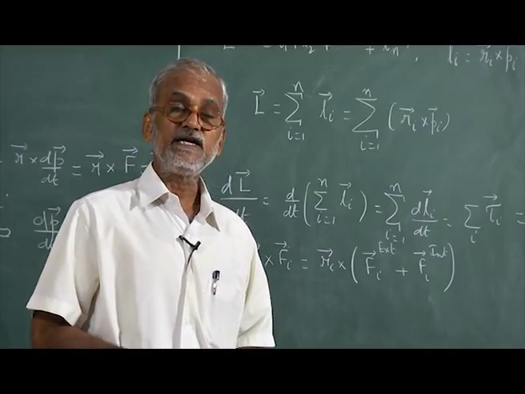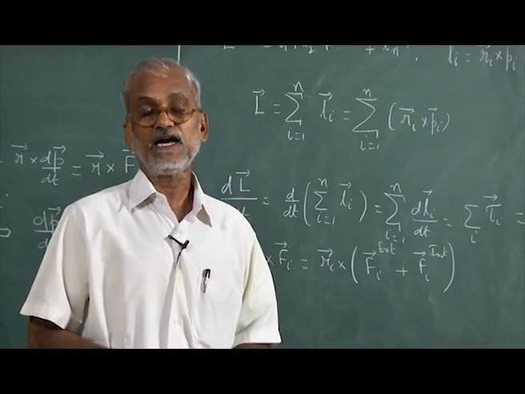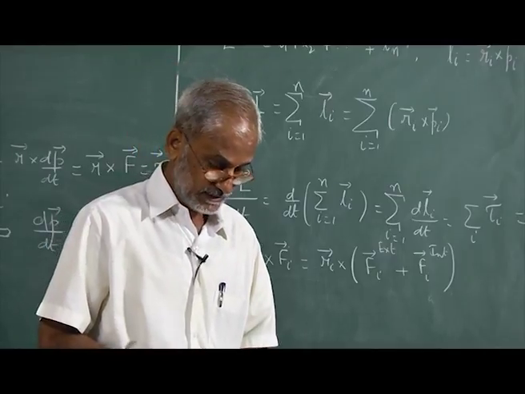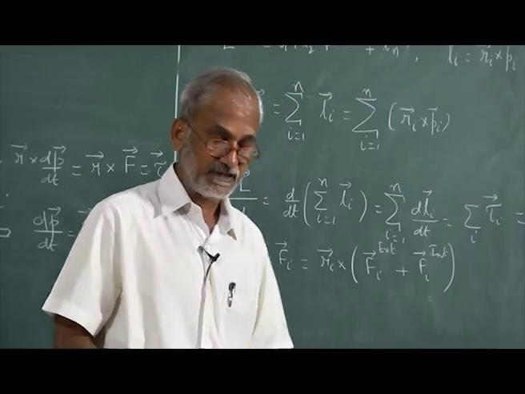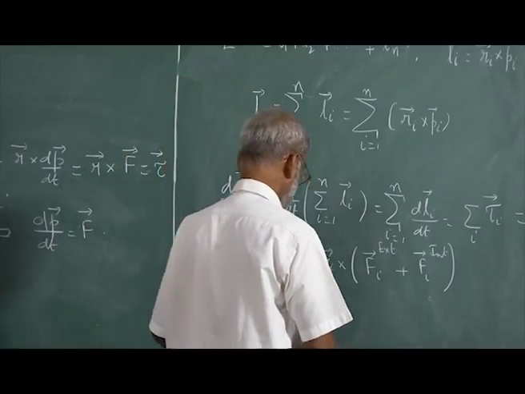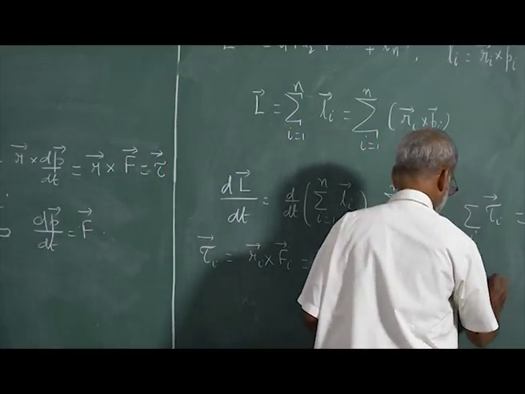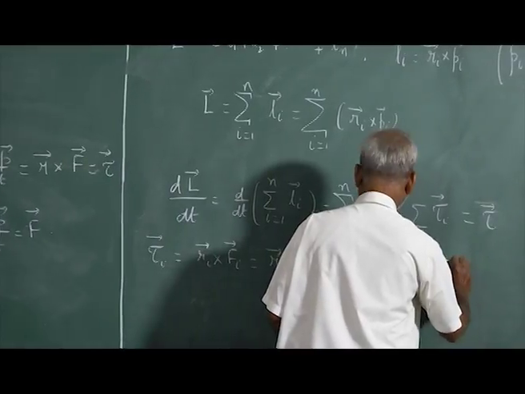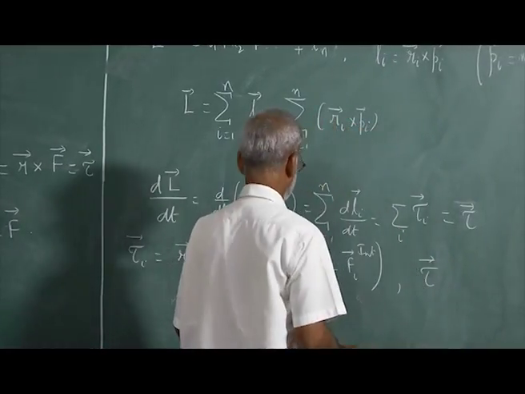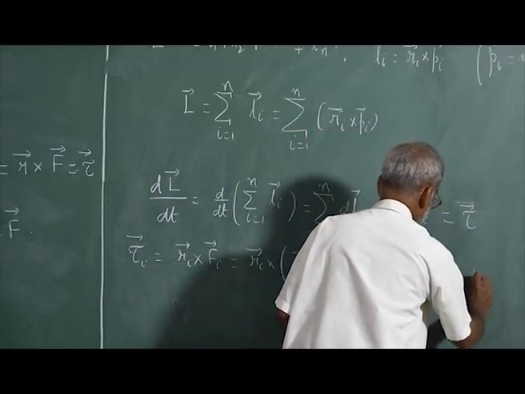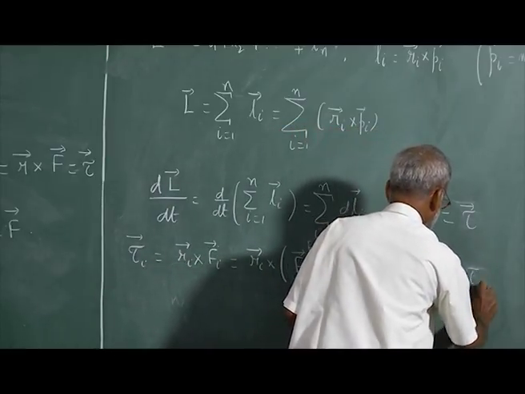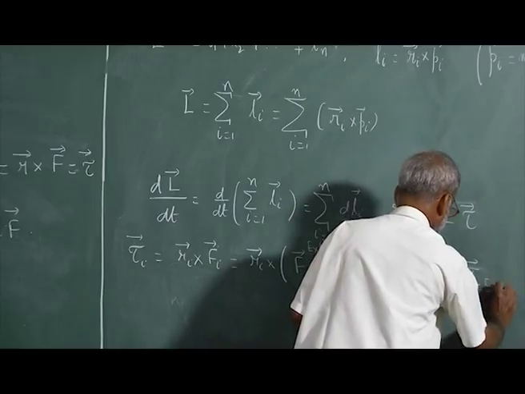Therefore, the internal forces are of action-reaction type, they are in opposite directions, and hence they do not contribute. So we can say that the torque is due to tau external only.